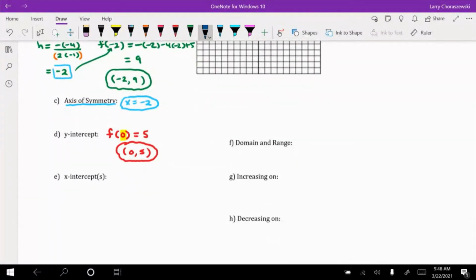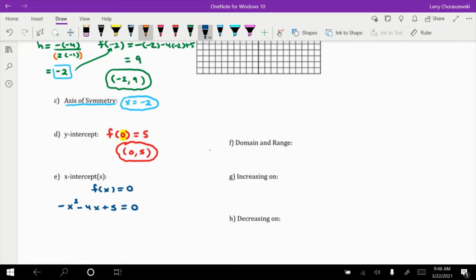For x-intercepts, we use 0 in a different way. We set the function equal to 0. And it actually gives us an equation to solve because our function is equal to -x² minus 4x plus 5. Now the easiest way to solve this would be to factor.